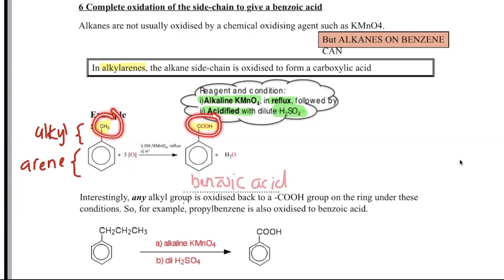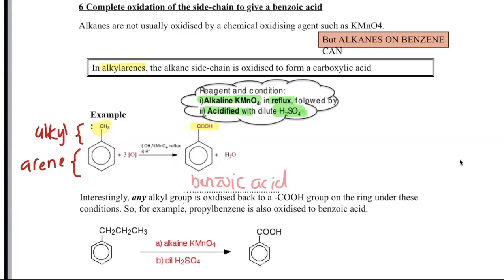Your benzene is unaffected because the one that gets affected is the side alkyl group. If it's an alkane without the benzene ring, it cannot be oxidized at all. But when this alkane is attached as a side chain onto your benzene ring, it can be oxidized to a carboxylic acid. So the product is called benzoic acid. The other product is water.